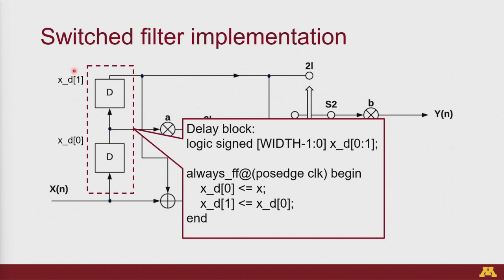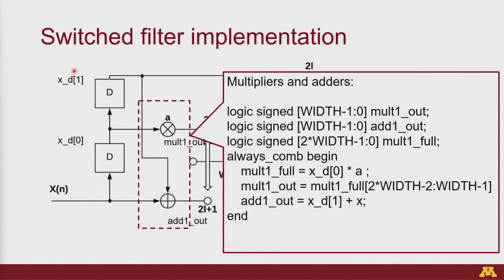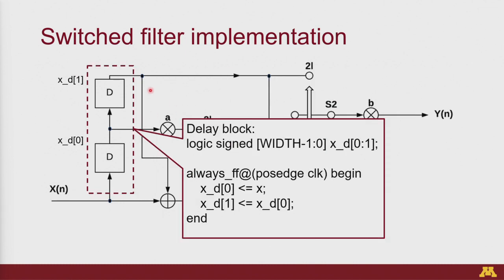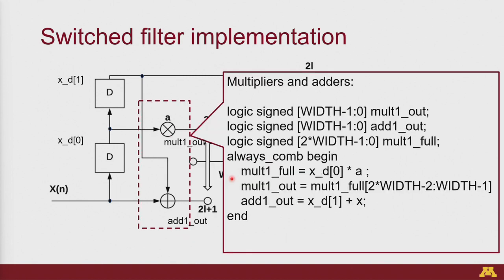Now that we have defined these blocks, maybe the next thing you would want to define is this multiplier and this adder, right? In the previous case we knew these were flip-flops, so we defined it as always ff. Now that we know that a multiplier and adder are combinatorial, we'll define it as an always com block, and essentially we write behavioral code for it.